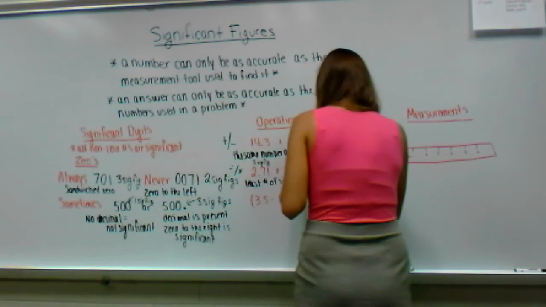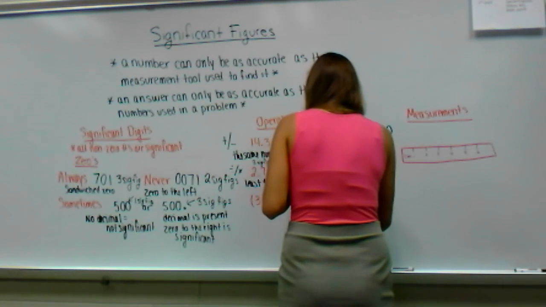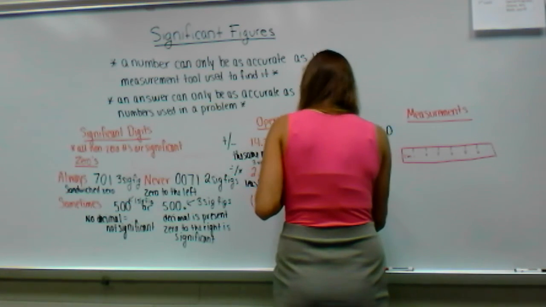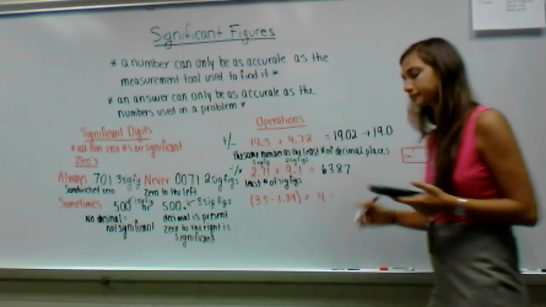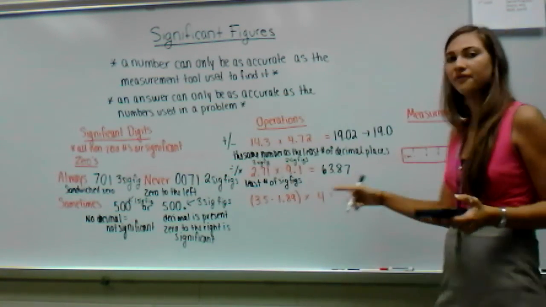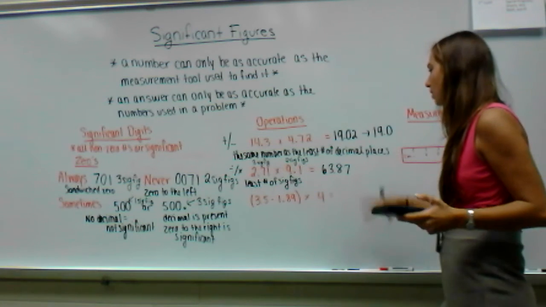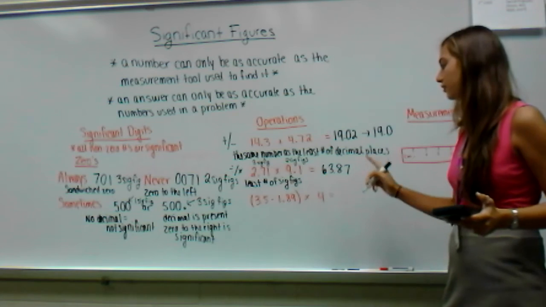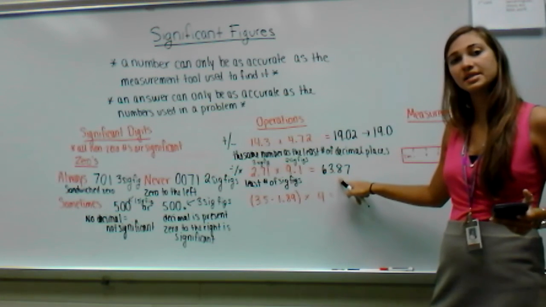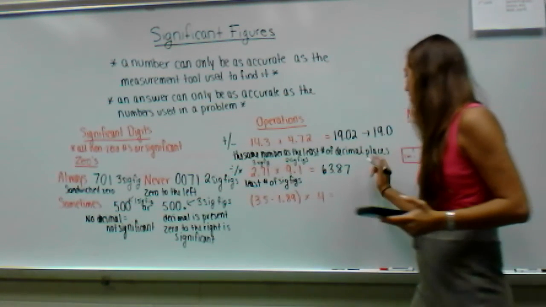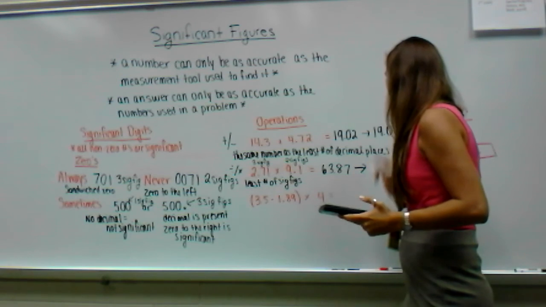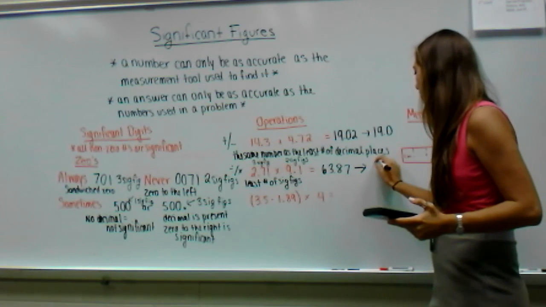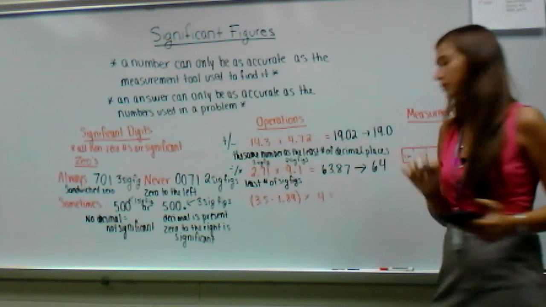We get 63.87 about. So right now I have 4 significant digits, but I need it to be only 2. So my 2 significant digits are going to be 6 and 3. But we have an 8 next to the 3, so 8 rounds up. So the correct answer for this problem is going to be 64.